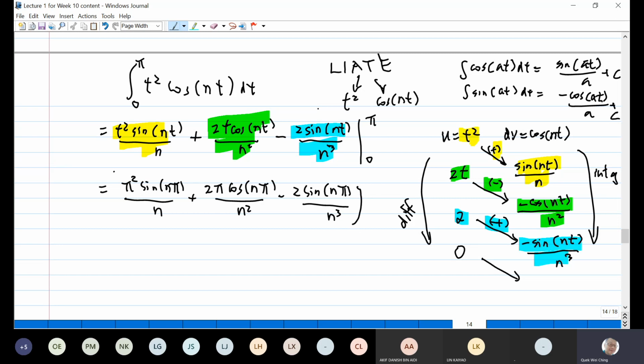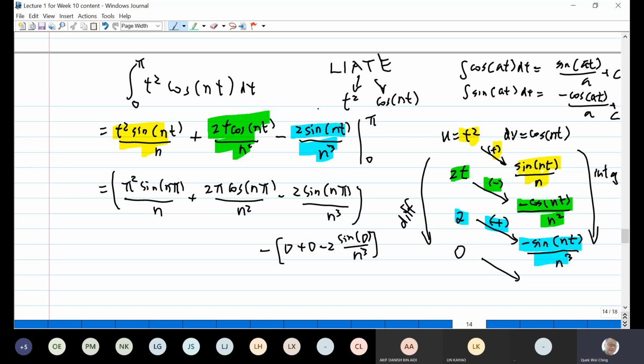This is the first term. Then you put t equal 0. Very nice, first term is 0, since 0 squared is 0. Second term also 0. Third term is 2 sine 0 over n cubed.